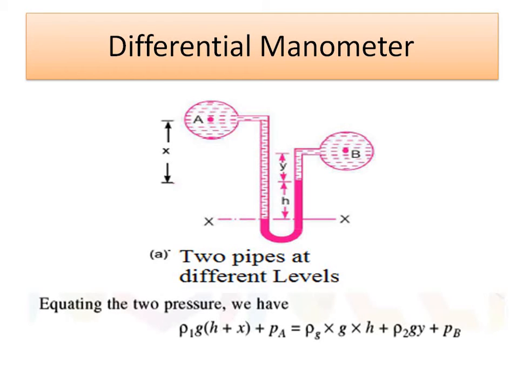Then from the equilibrium equation, ρ1 G into (H plus X) plus PA is equal to ρ G into H plus ρ2 G into Y plus PB. Now how does this equation come? Look again carefully at the point.